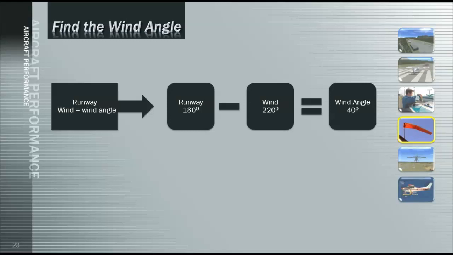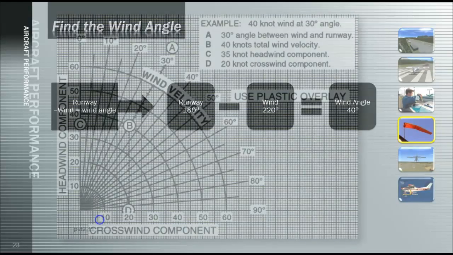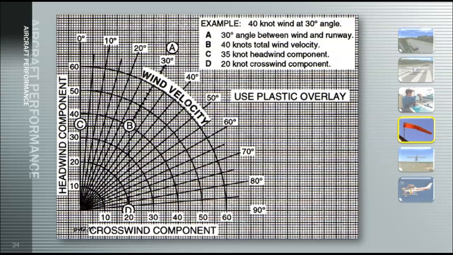And let's also assume that we're on runway 18, which is pointing 180 on the compass. So the difference between the wind direction of 220 and the runway heading of 180 is 40 degrees.